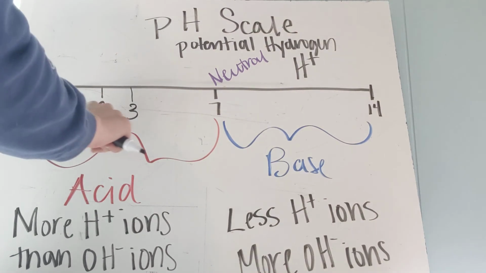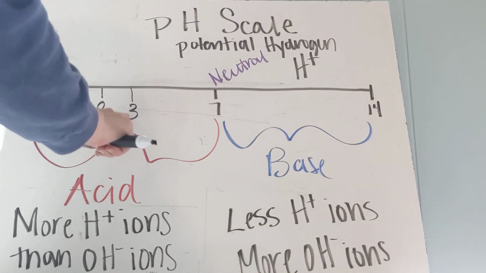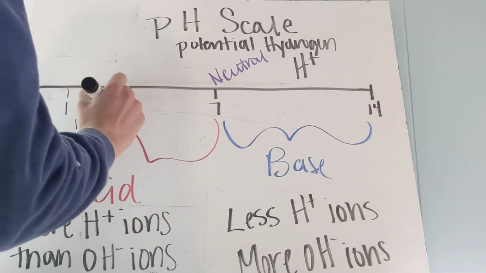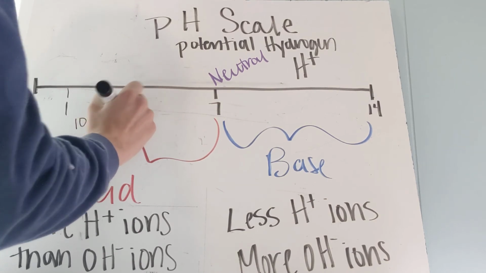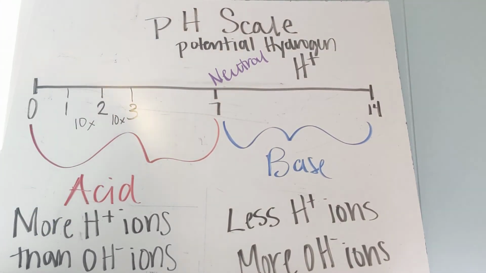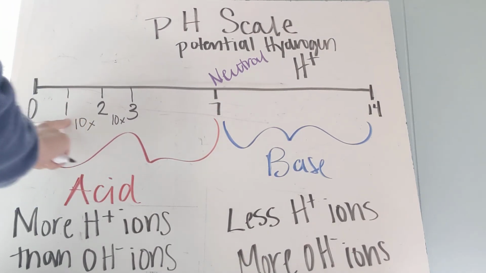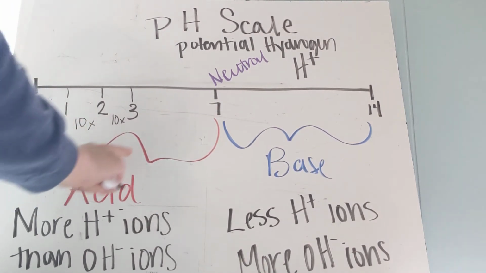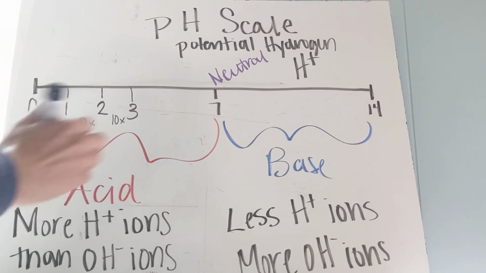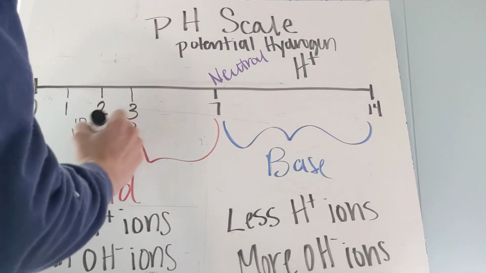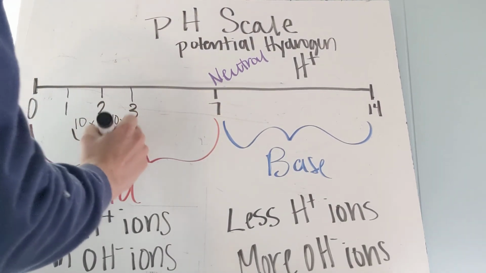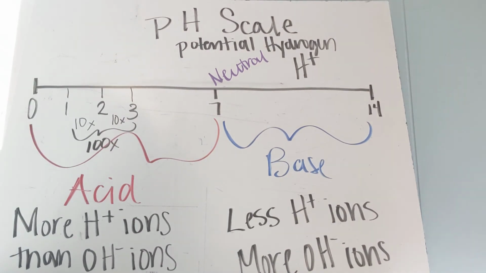Same thing between a pH of 2 and a pH of 3: an acid with a pH of 2 is 10 times stronger than one with a pH of 3. Because of that, an acid with a pH of 1 is actually 100 times stronger than one with a pH of 3.